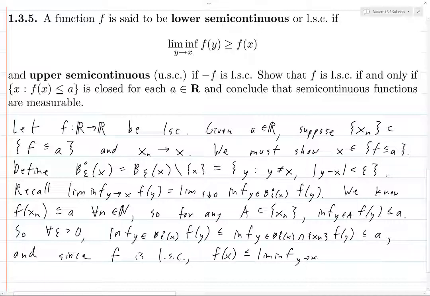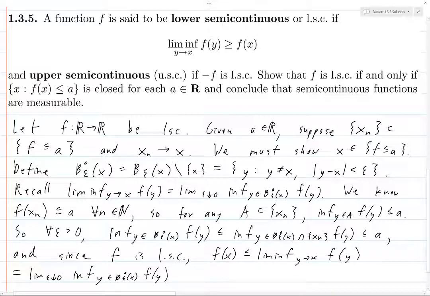But recall, this is just the limit as epsilon decreases to 0 of the infimum over all y in B_epsilon^0(x) of f(y).